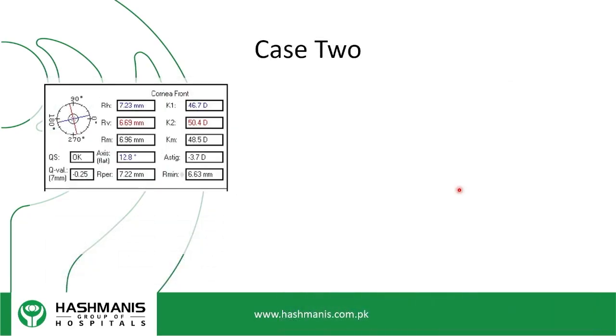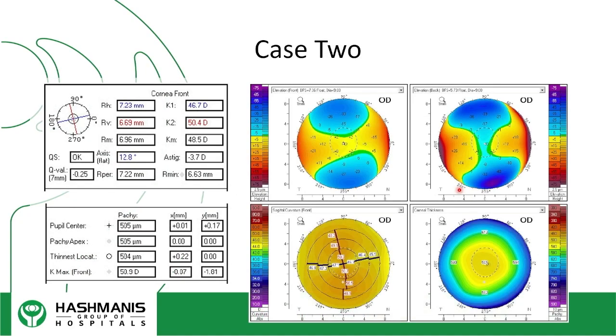Then you've got another case where you've got K readings of 46 and 50, very high astigmatism, and when you look at the sagittal curvature, a lot of people are going to classify this as abnormal. But then when you look at the anterior elevation maps, the posterior elevation maps, you've got the concentric pattern of pachymetry.